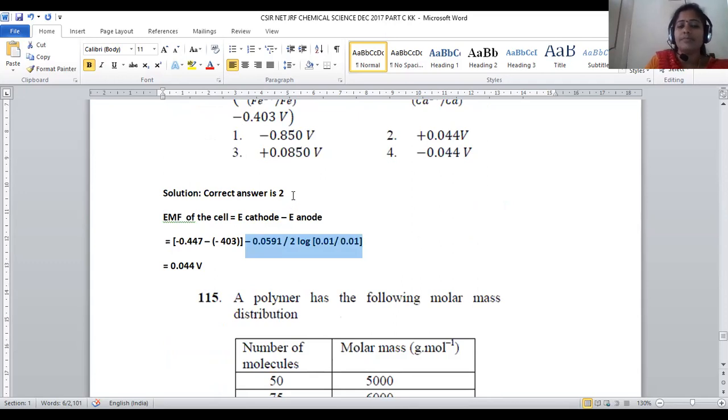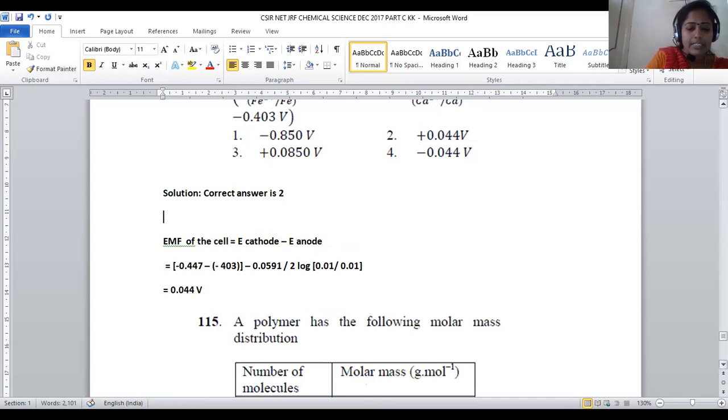First, let us see what the Nernst equation is. The Nernst equation is given as E cell is equal to E naught minus 0.0591 by n ln product concentration by reactant concentration.